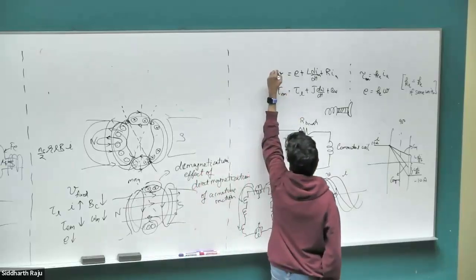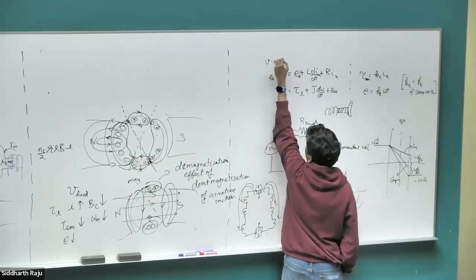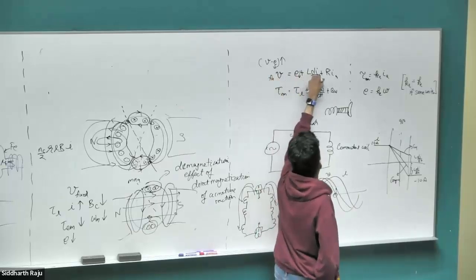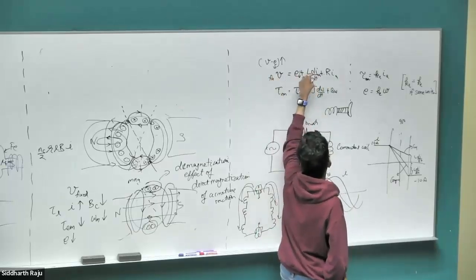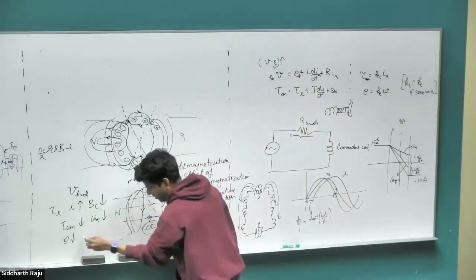Increases, because V is fixed and E reduces. So V minus E, since E reduced, the V minus E term would have increased. So V minus E equals L dI/dt plus R i, assuming that since it's steady state, we ignore the derivative term. So I is going to increase.